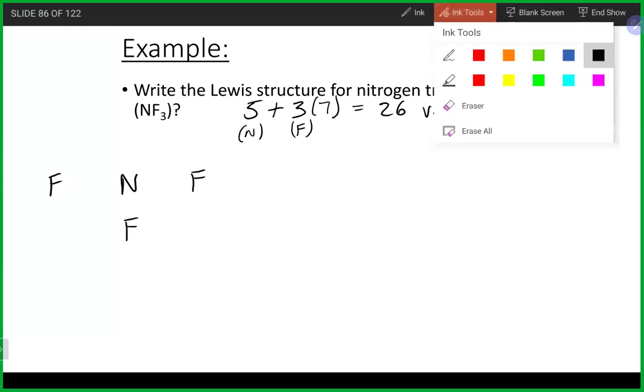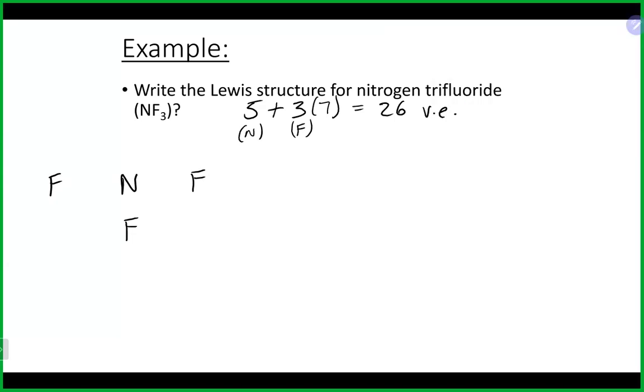Once I have my logical arrangement, I'm going to do just a single bond to everybody. At that point, I now put on there 2, 4, 6 electrons, 2 for each line that's there. If I subtract that off, that is 20 more electrons I have to go.